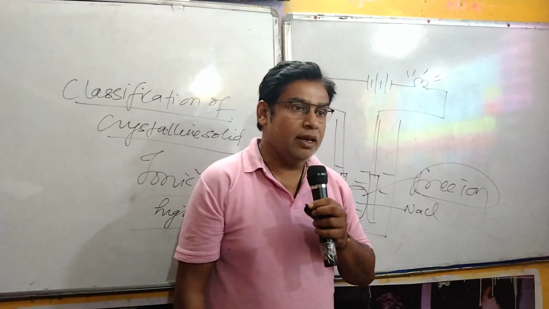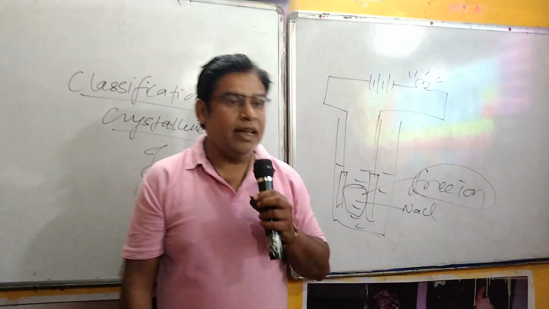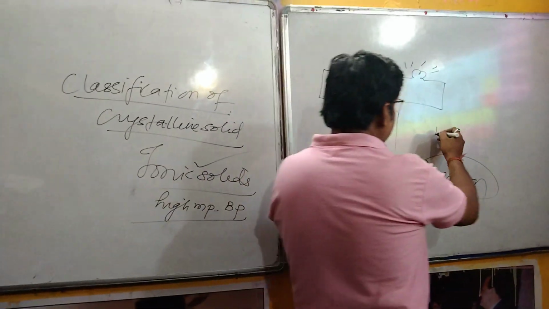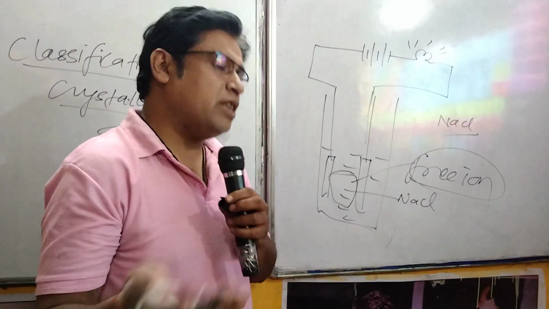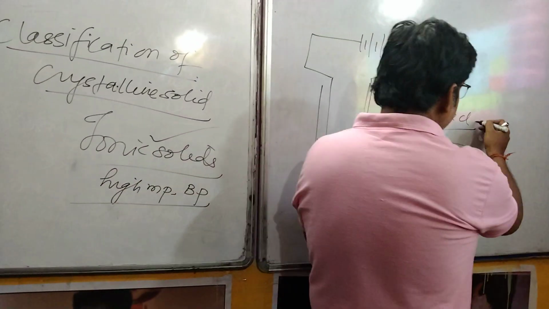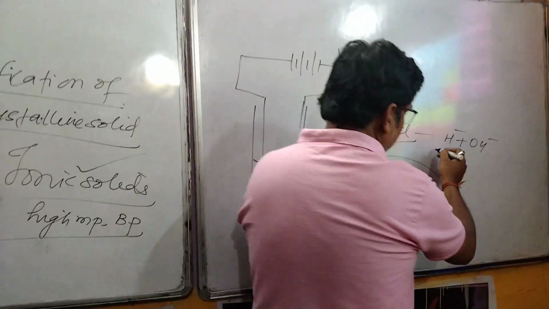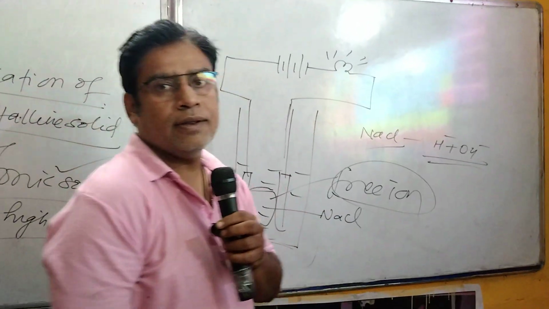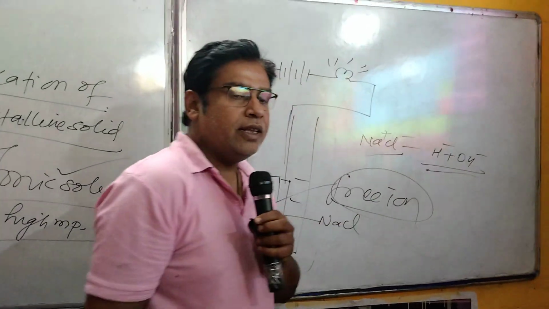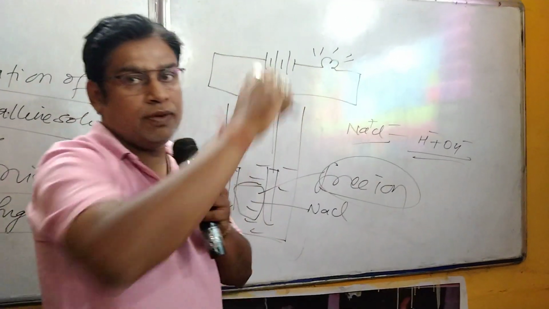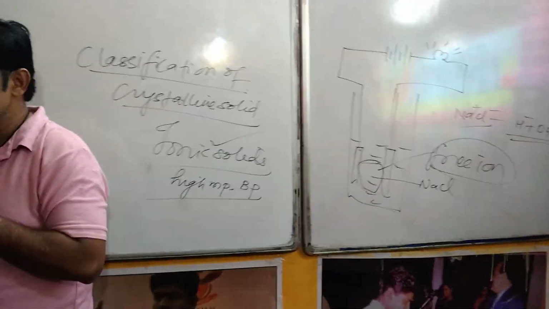Like dissolves like. If I take NaCl, अगर मैं इसको पेट्रोल में घोलूं तो कभी नहीं घुलेगा या बहुत टाइम से घुलेगा. But if I dissolve it in water, H plus OH negative, water is a polar solvent, and that is why these ionic solids are soluble in polar solvents. They are not soluble in non-polar solvents.